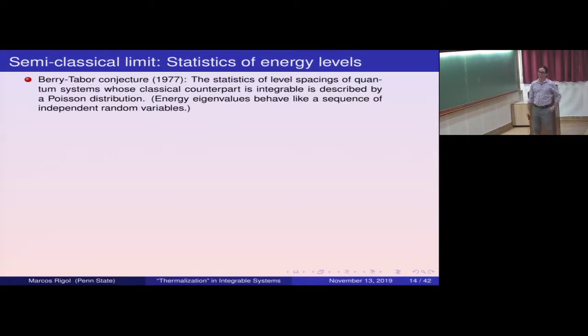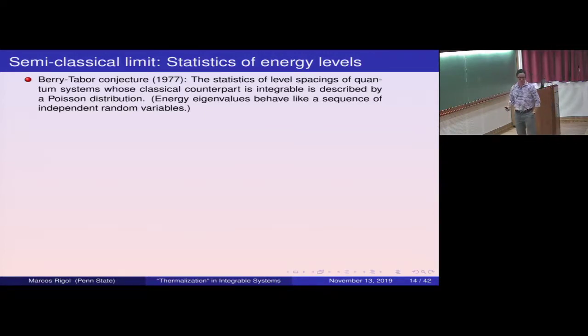So this goes through a lot of work in the field of quantum chaos and single particle chaos. And this goes through two conjectures, right? They come from these semi-classical limits. The first conjecture is by Berry and Tabor.